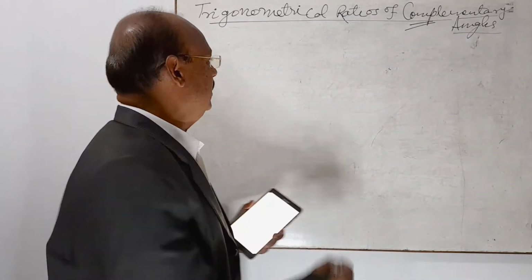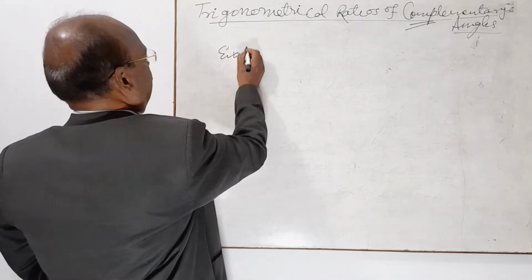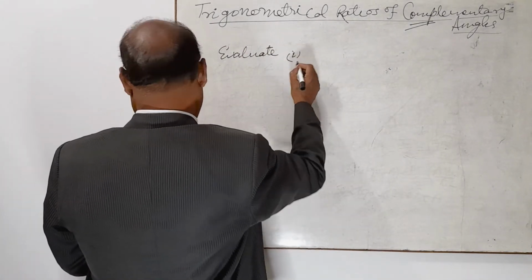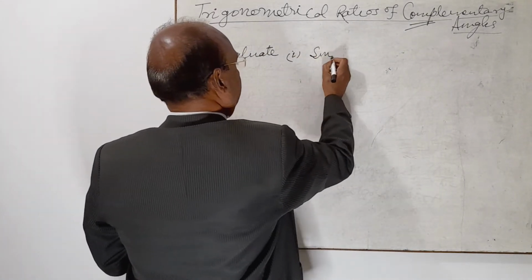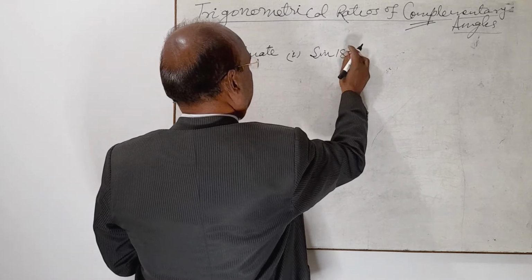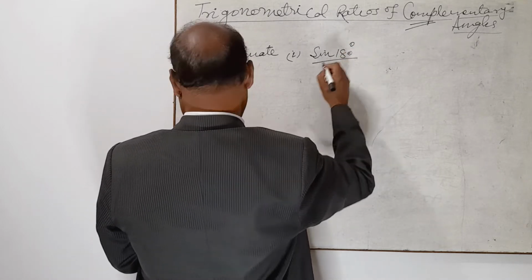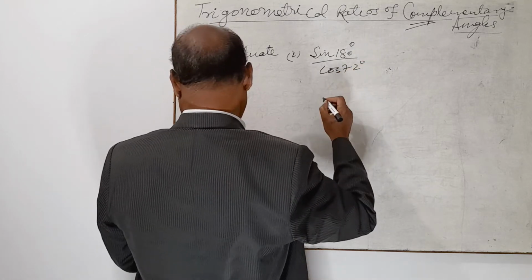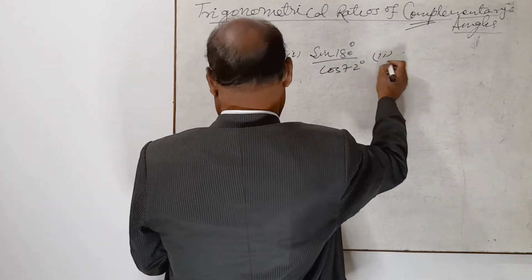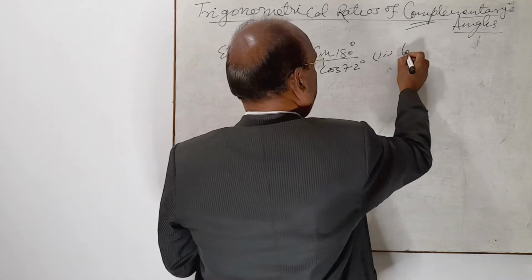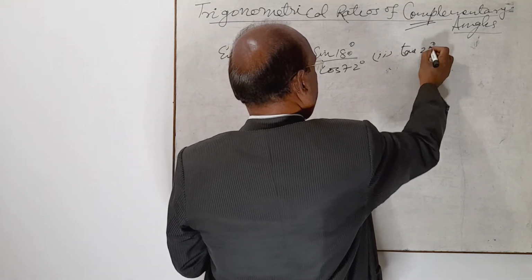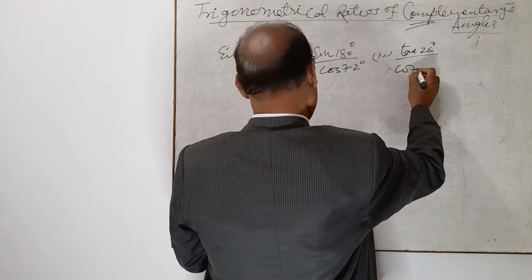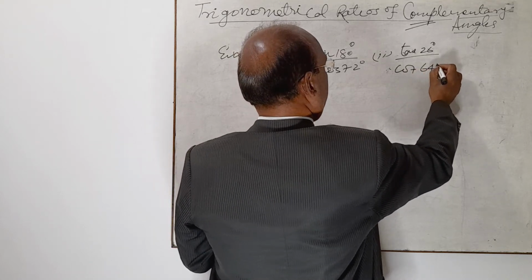Questions are very simple. We are going to evaluate, first, sine 18 degrees upon cos of 72 degrees. Second, tan of 26 degrees upon cot of 64 degrees.